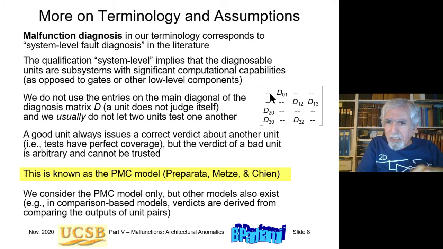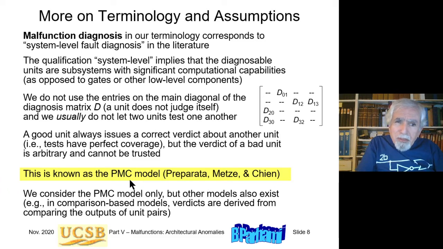Okay, units test other units according to the testing graph. Units do not test themselves, and also we usually preclude the possibility that two units test each other. Okay, one unit can test the other one, but not the other way around.